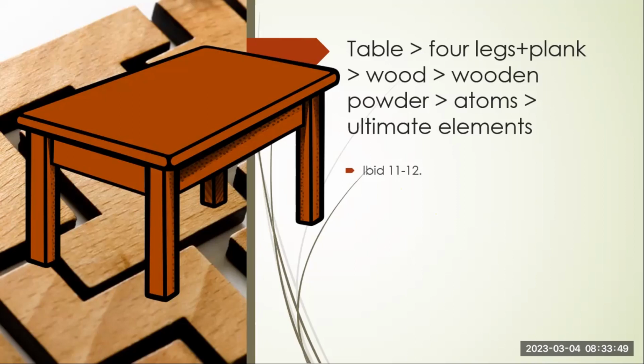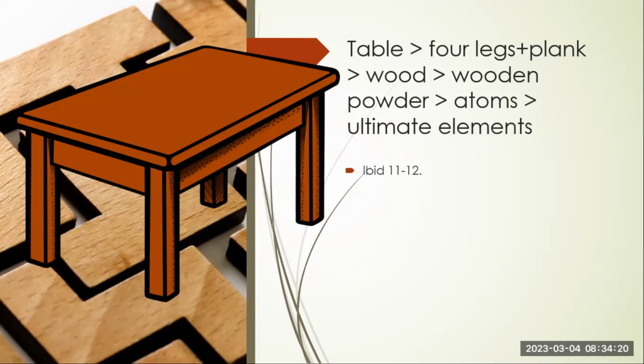We give the name table to this appearance and this assembly. What are the parts of this table? There are four legs and also wooden planks. When a carpenter assembles these wooden planks and legs into a certain appearance, we call it a table.